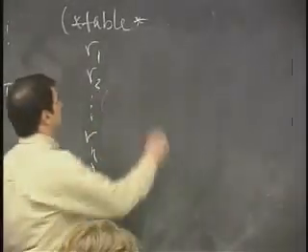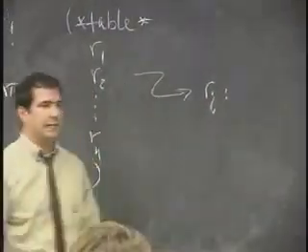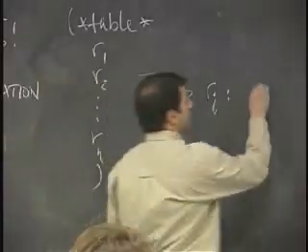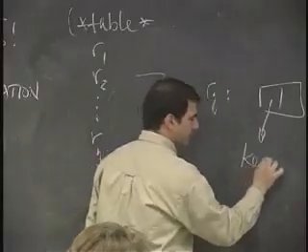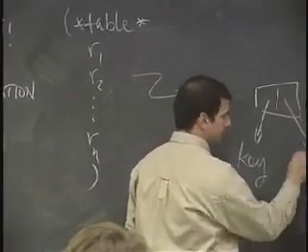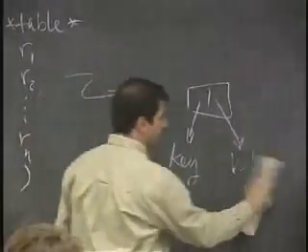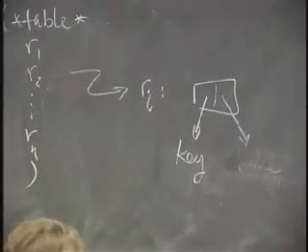Each record is going to be a cons cell, which on the car will have the key value, and the cdr will have the associated value.